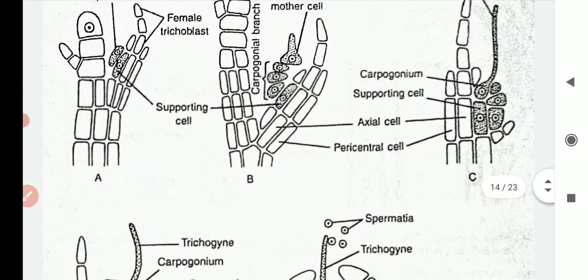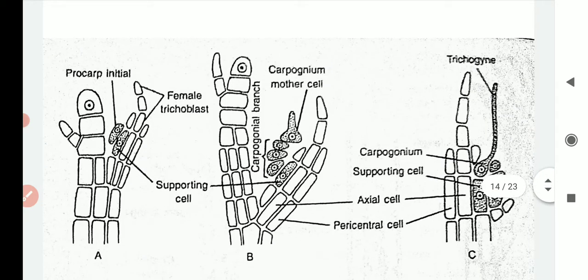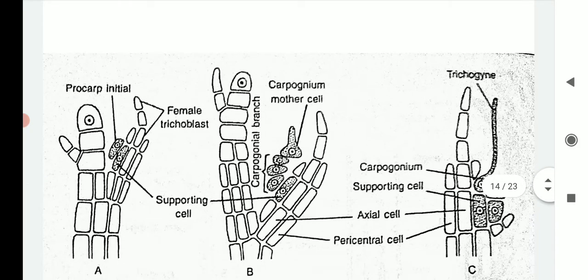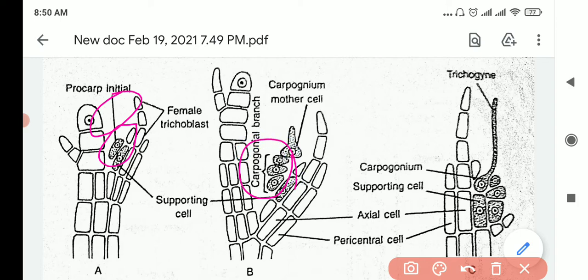Okay, let's look again. There, you see that branch? This one, the carpogonial branch, came from the procarp initial. See, this supporting cell did not divide. It stayed the same. But this procarp initial, see here I am circling, that one is dividing, and we found this carpogonial branch. Okay, so I think it's clear.